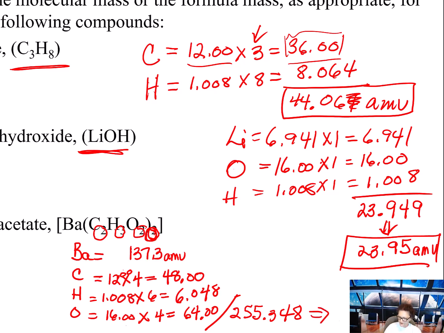So I'm going to report 255.3 AMU, and that is the formula mass of barium acetate. It just takes a little work, but remember, if you have something in parentheses, every one of those subscript numbers, you're going to have to multiply by what's outside that parentheses in order to get the correct answer.